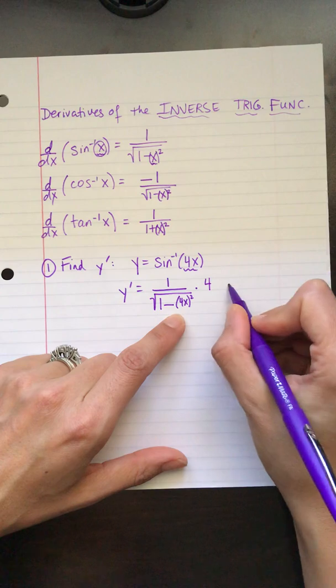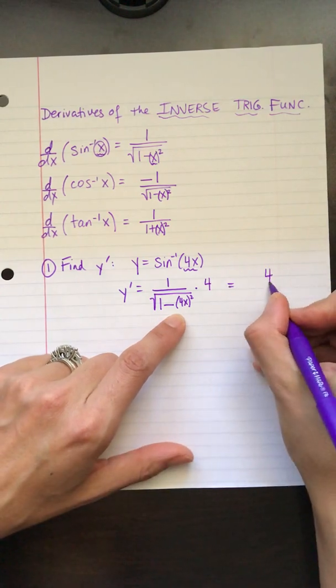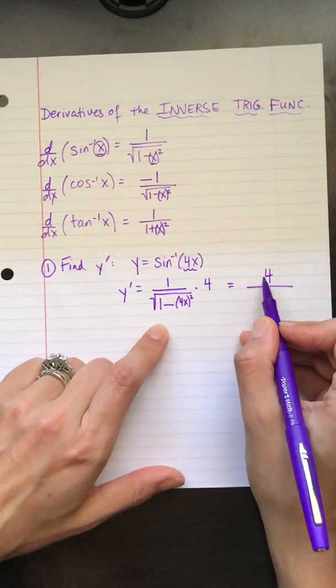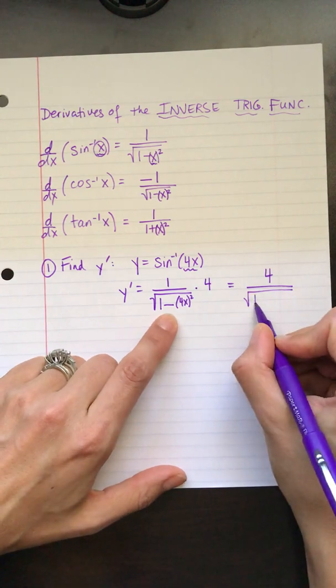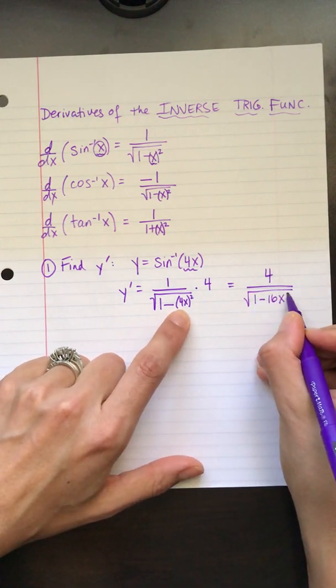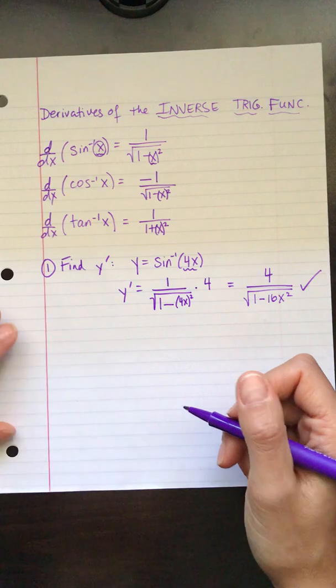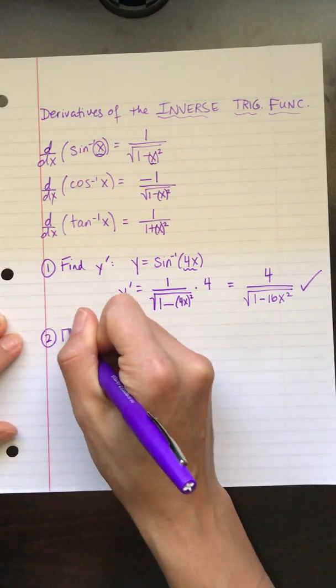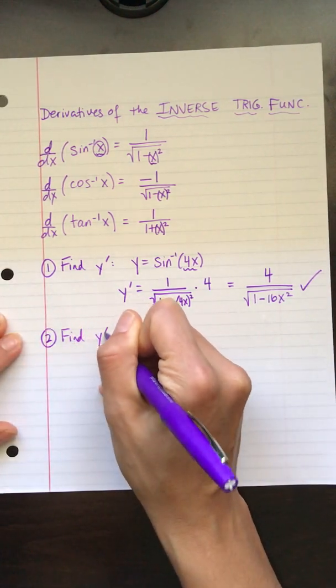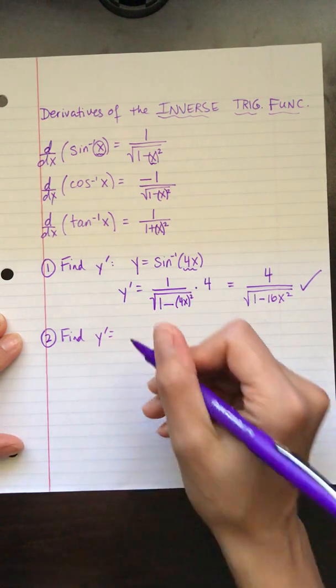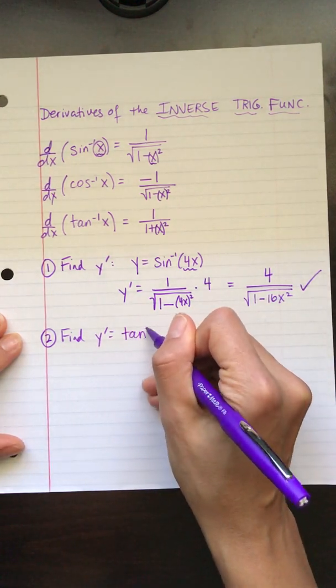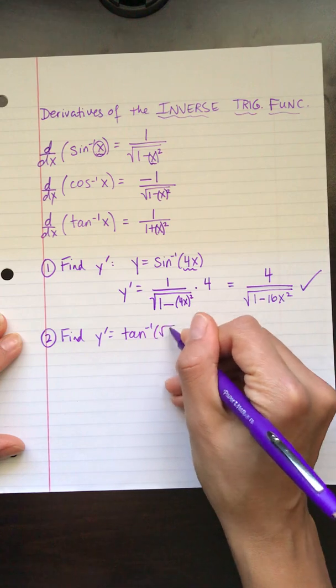It is 4. So here's my final answer: 4 over rad 1 minus 16x squared, and you just leave it. You are done.